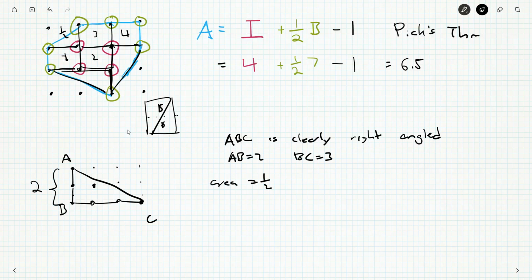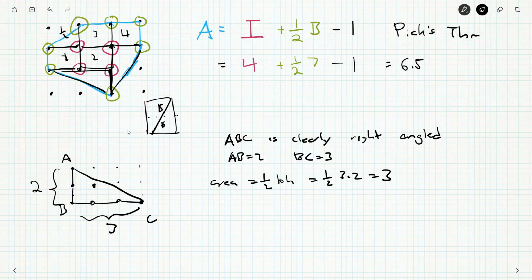The area of this triangle is going to be 1/2 base times height. So that's going to be 1/2 times 3 times 2, or an area of 3. Okay, and there's my answer. I've explained it. It's right angled. I've labeled a diagram. Said this is my base, this is my height, there we go.